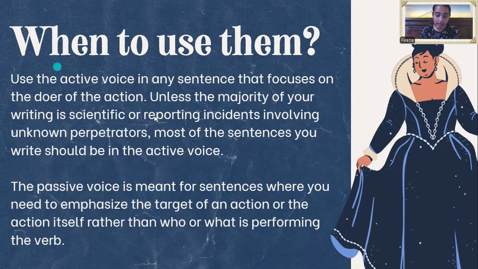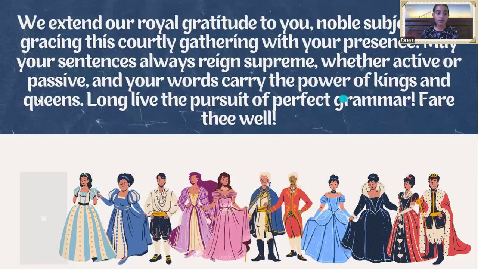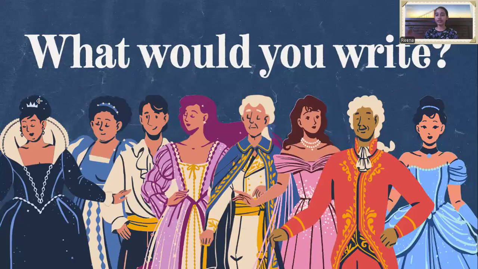As simple as that. So, what would you write? Would you write active voice or passive voice? Most of the answers would be active because active is normal, but passive voices can be used for a better and clear understanding too.